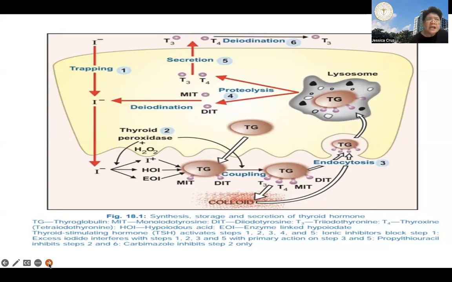There's a particular genetic mutation where individuals are born with defective or absent pendrin. These are individuals with goiter and deafness.